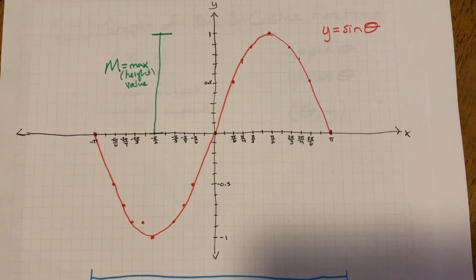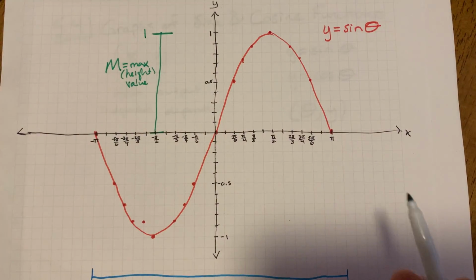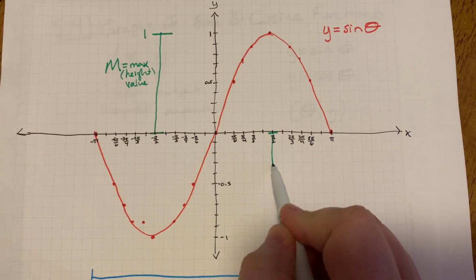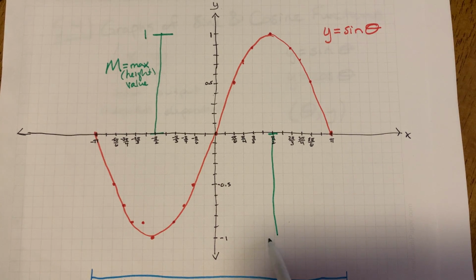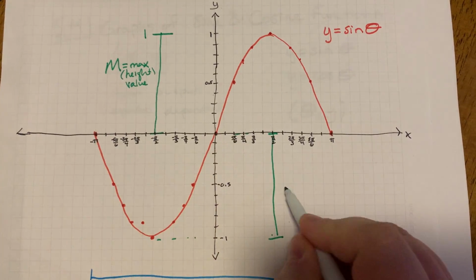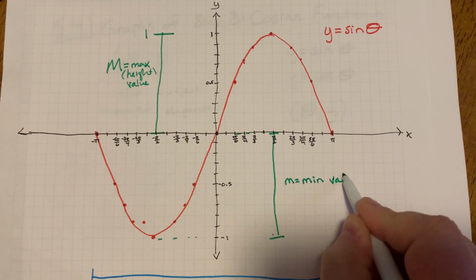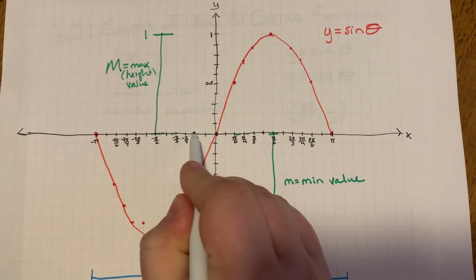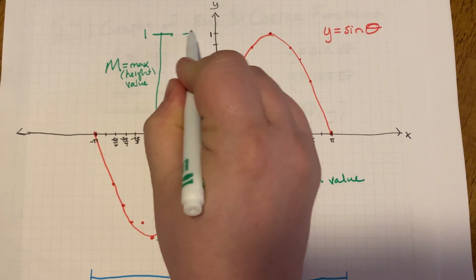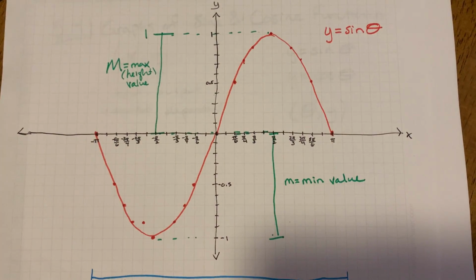The maximum value here is 1. Or over here we have the minimum value. Right, so it's something like that.